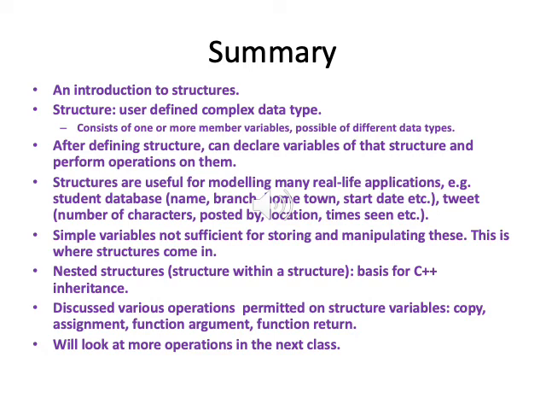We start off with using the reserved keyword struct, and then followed by the name which we can pick, and then within curly braces we define one by one all the member variables, and then finally we end the definition with a semicolon. After defining the structure, we can declare variables of that structure and perform operations on them.